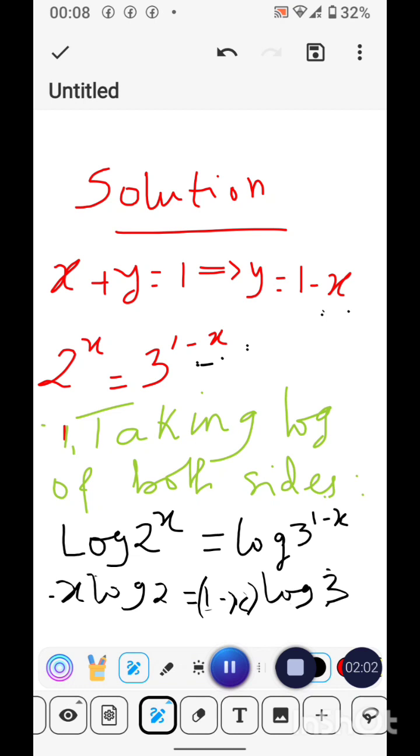But we know from the laws of logarithm that we've seen that log a raised to the power n is n log a. That gives us x log 2, and the power here, which is 1 minus x, we have 1 minus x log 3.